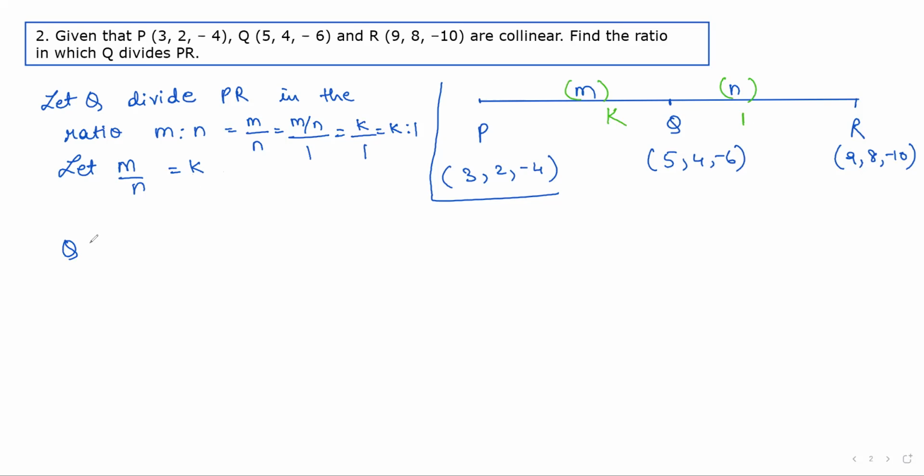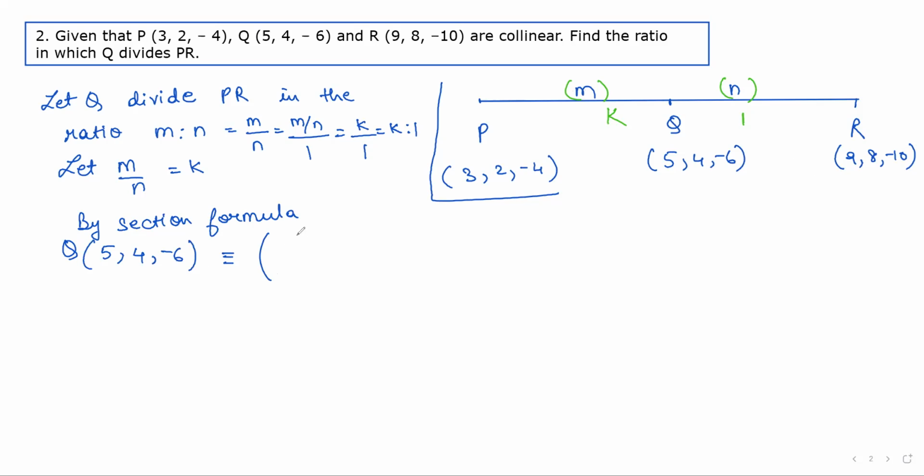Your Q point, according to the section formula, the bisection formula: the Q coordinates along with the coordinates 5, 4, minus 6 are equivalent to m into 9. Instead of using m and n, we are using k.